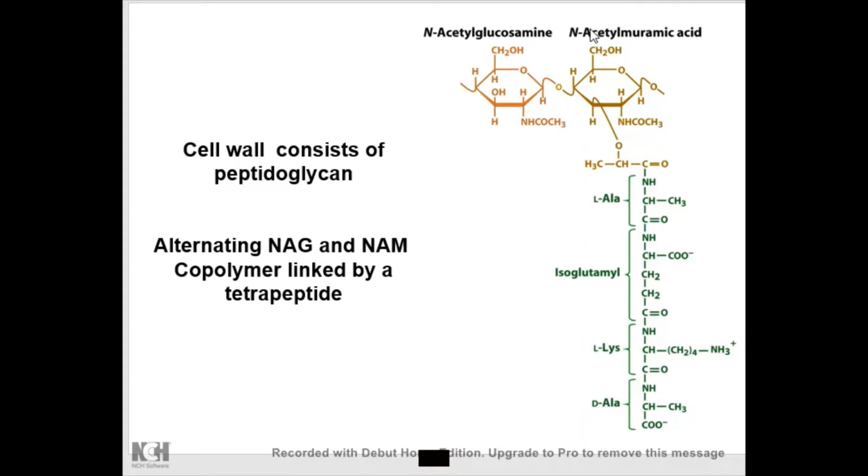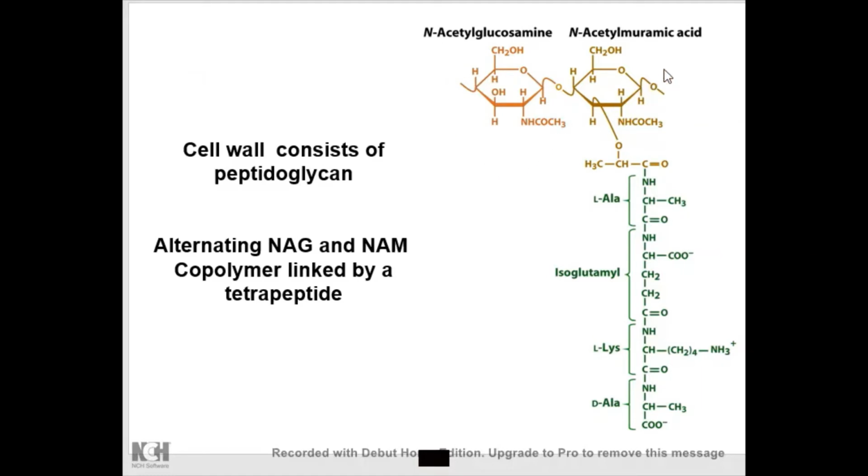It's a new structure, but the difference with N-acetylglucosamine is minor. It's at the C3 position, so you can see a lactic acid residue attached here, and this lactic acid residue serves as a point of attachment for a peptide that actually cross-links the long polymeric polysaccharide chains.